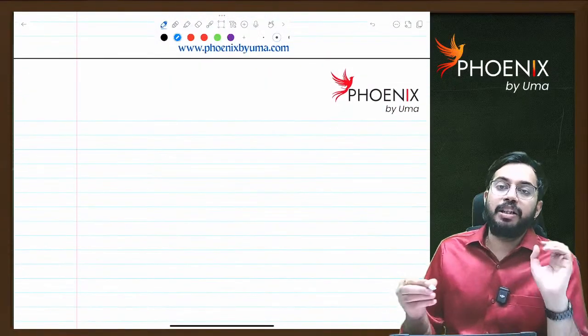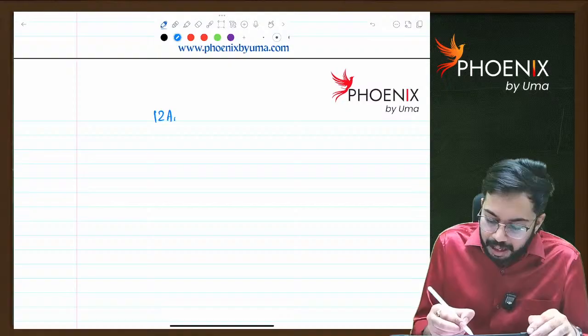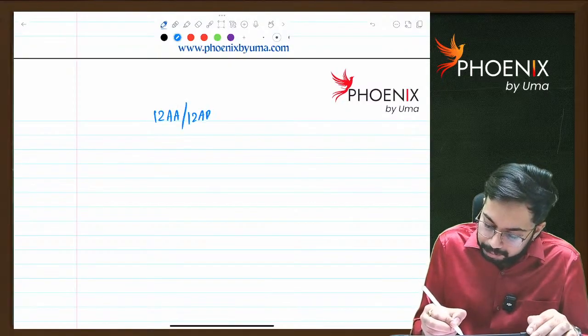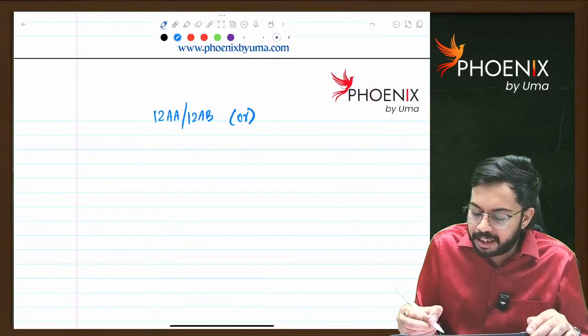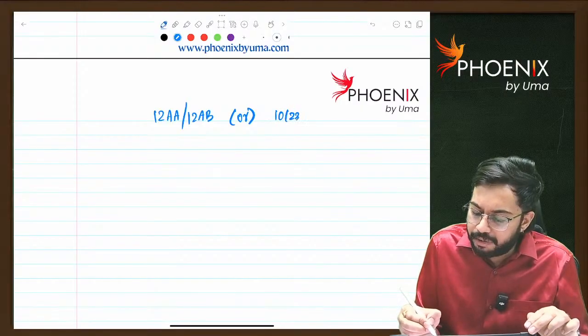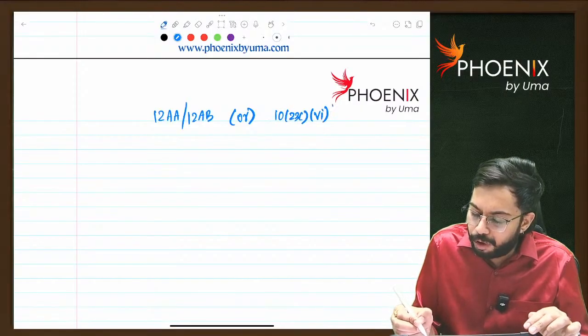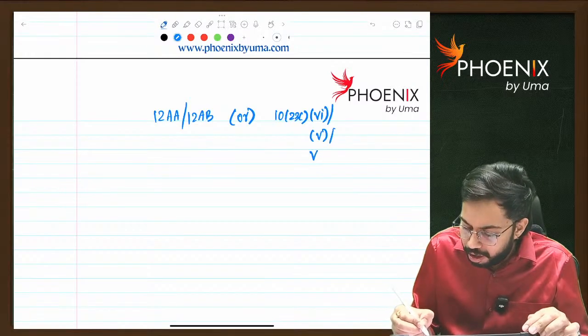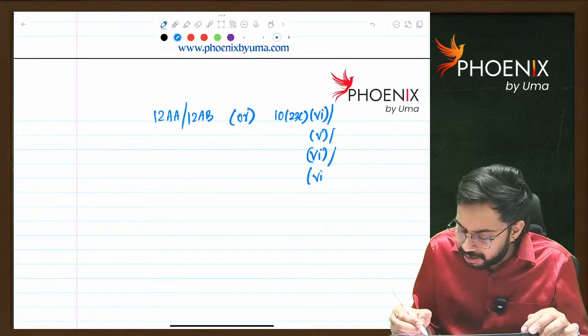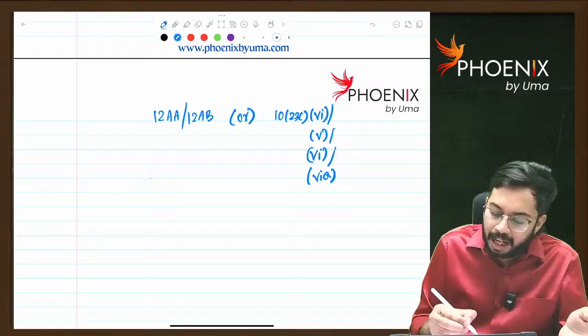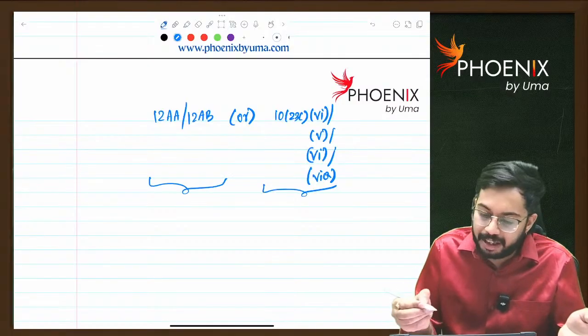Trusts registered under section 12AA or 12AB, or registered under section 10(23C) clause 4 or clause 5 or clause 6 or clause 6A: in either case, section 11 and 12 exemption is available.